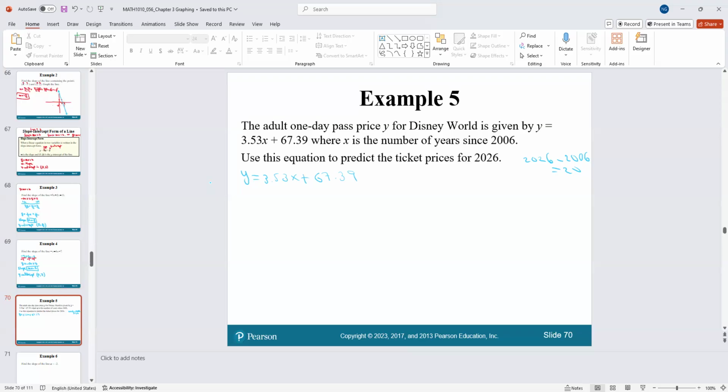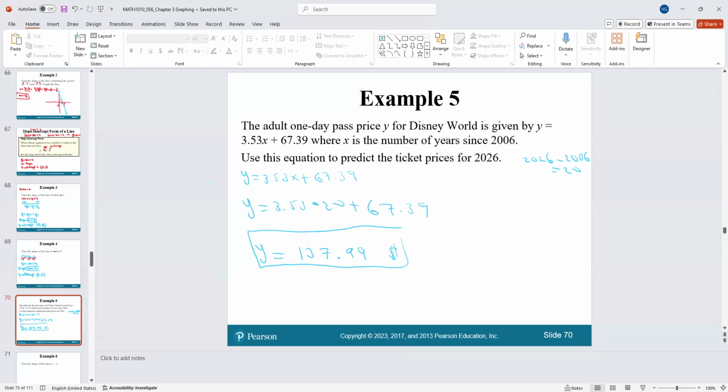Remember, at 2006 it was 0, so if you count to 2026, it's going to be 20. So the pass would be y equals 3.53 times 20 plus 67.39. When you do this computation, the price would be $139.99.